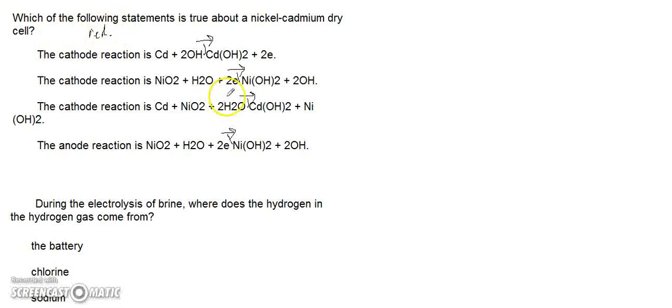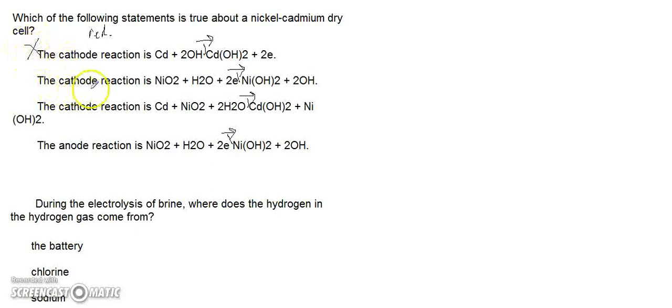It's happening at the cathode, so this should be a reduction reaction. And if it's reduction, remember, the electrons will be on the reactant side, because reduction means you're gaining electrons. If we look here, nope, the electrons are on the product side, so it's actually losing. Cadmium is actually losing electrons, so it's being oxidized. So this is not correct. This is not true.